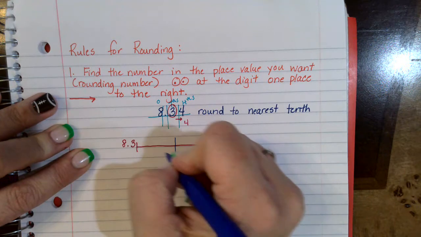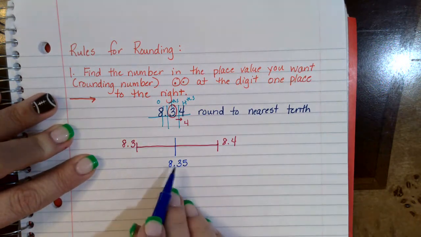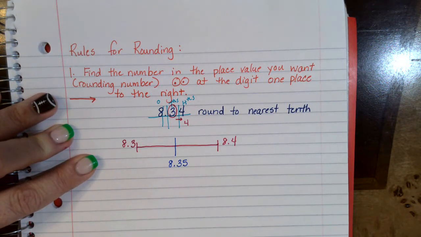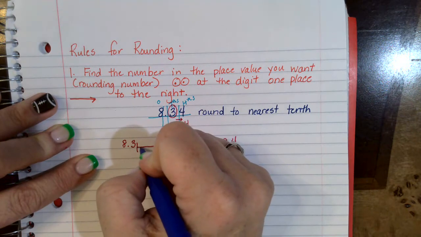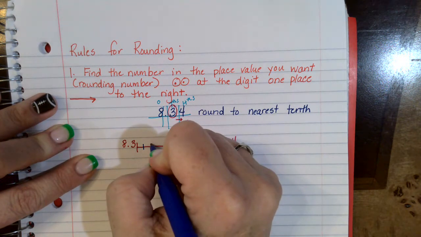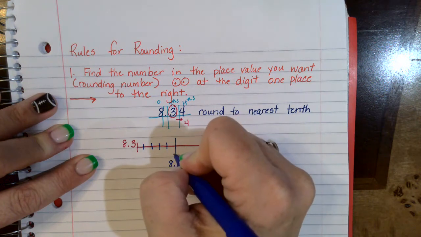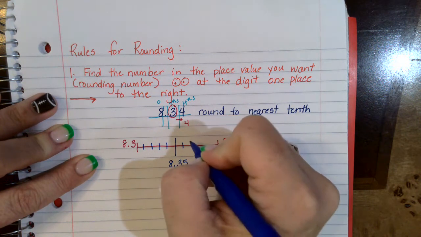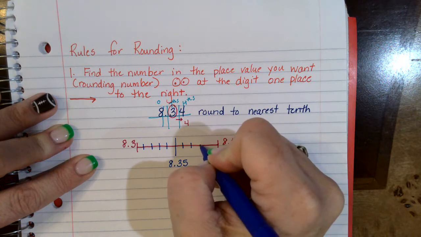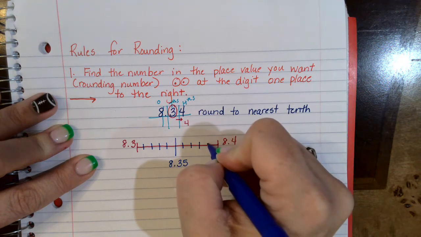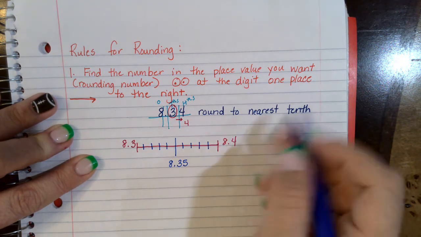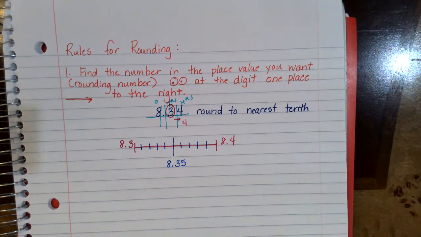Just like with a whole number, we're going to have all these little spaces that come between 8.3 and 8.4. So we're going to go 8.31, 8.32, 8.33, 8.34, 8.35, 8.36, 8.37, 8.38, 8.39, and then we have 8.4.